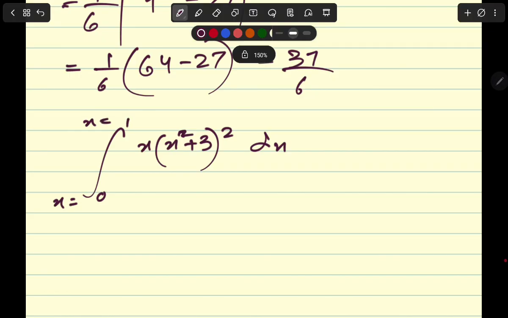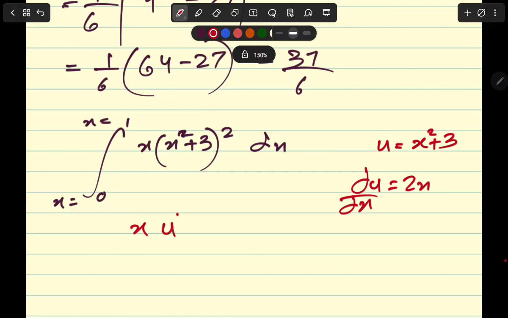So this is x is equal to 0 and x is equal to 1. Now, if I am making a substitution of u is equal to x squared plus 3, so du by dx is going to be equal to 2x. Now, this is going to become x times u squared, dx is going to become du upon 2x, and there is 0 and there is 1, x cancels this.